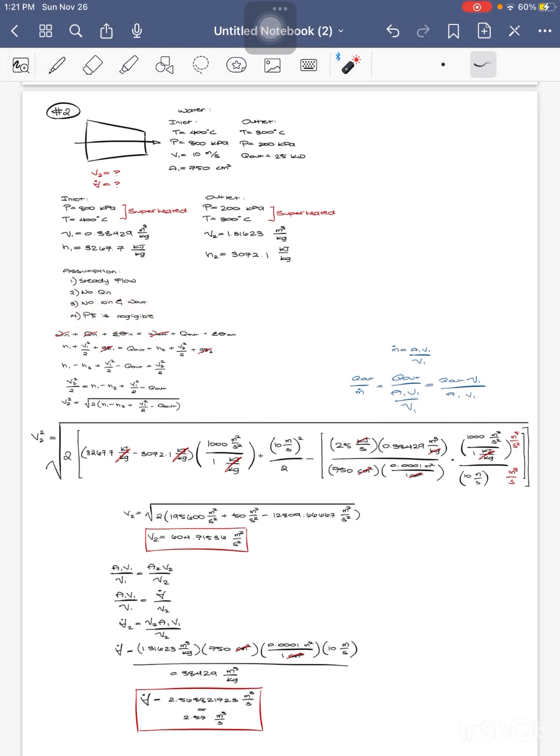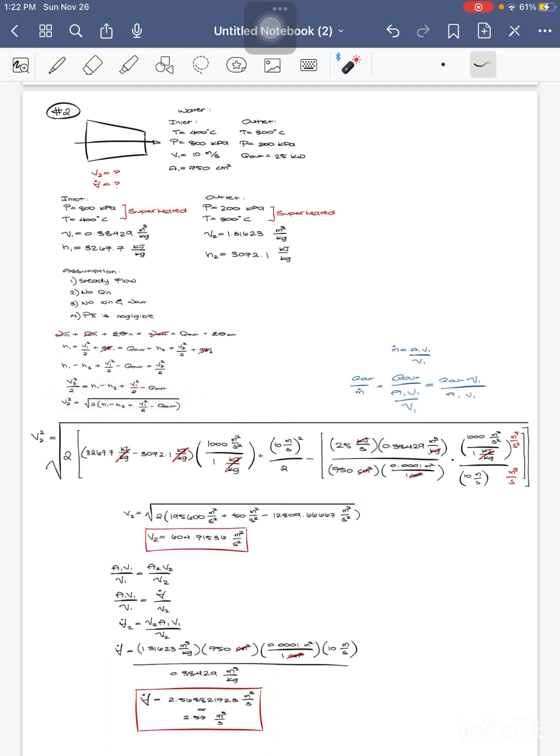So I canceled out the values based on my assumptions, which are the work in, Q in, and work out. I also canceled the potential energy, which is the gz sub 1 and gz sub 2, and use this equation.